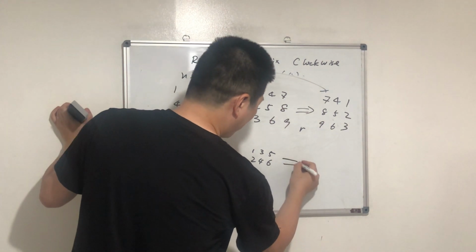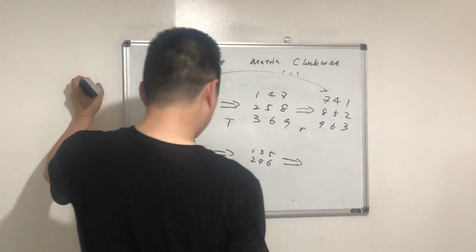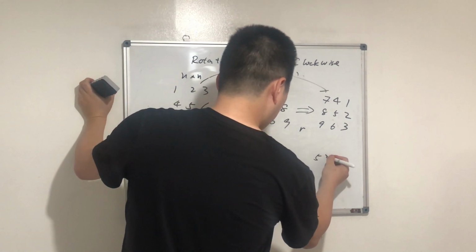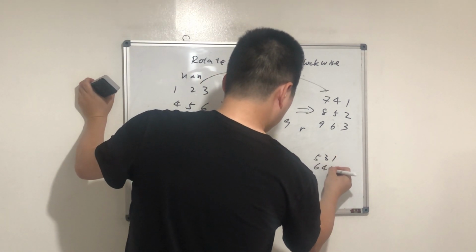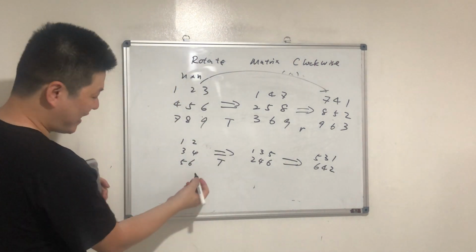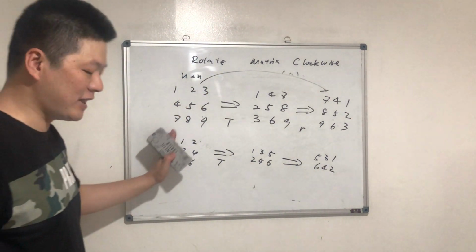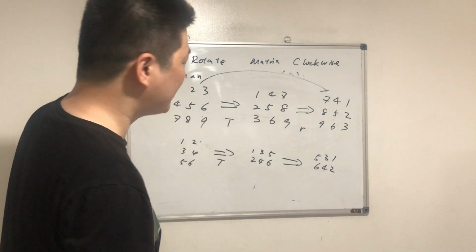Then we reverse each row: 5, 3, 1 and 6, 4, 2. Look, when you rotate this 90 degrees, you become that. So it also works when the rows and columns are not the same, okay?